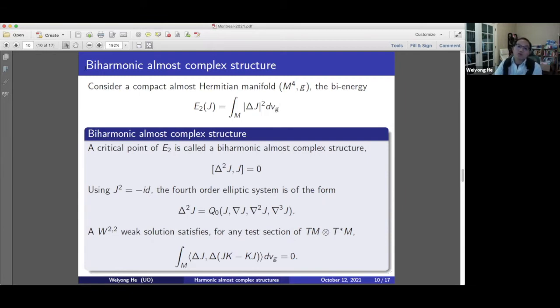So one can prove that essentially if this manifold supports a W22 almost complex structure, then it will support a genuine or smooth almost complex structure.